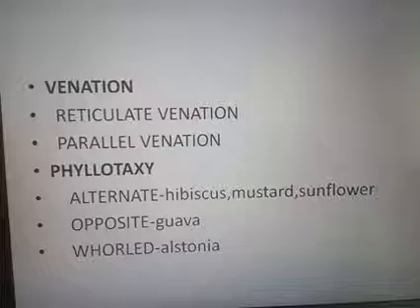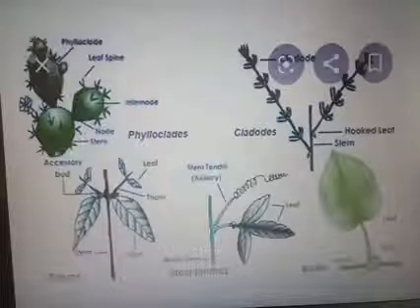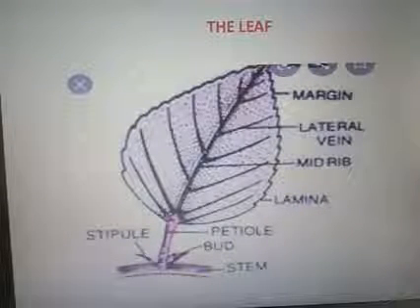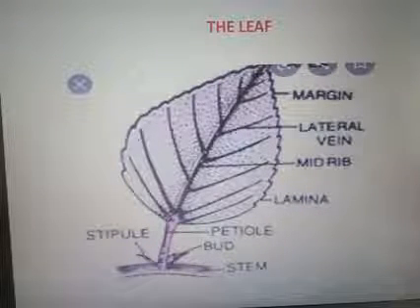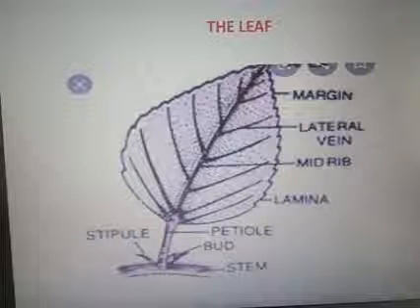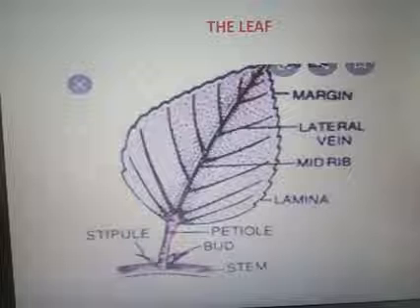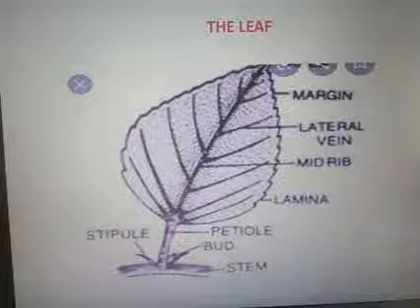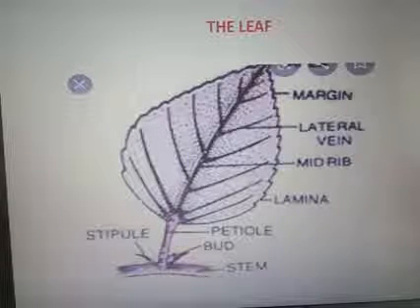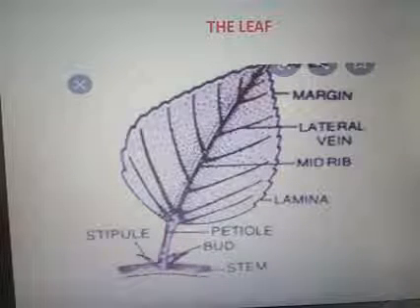So we are discussing the structure of the leaf. The leaf has the leaf base, then the stipule, pulvinus, petiole, then the leaf blade, which has the veins, midrib and lateral veins, lamina, like that. Then venations are of two types, parallel venation and reticulate venation.